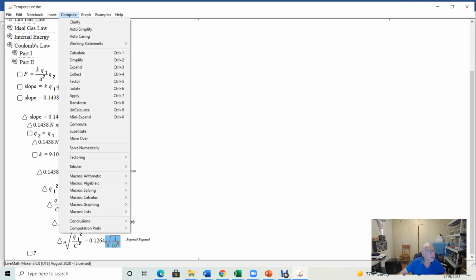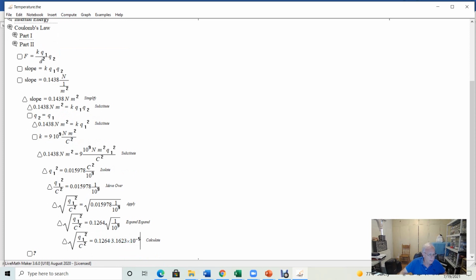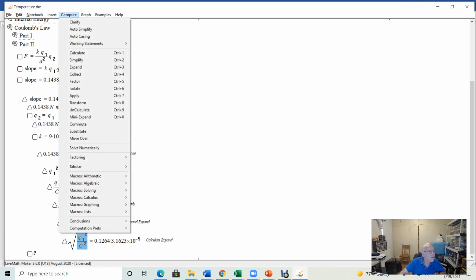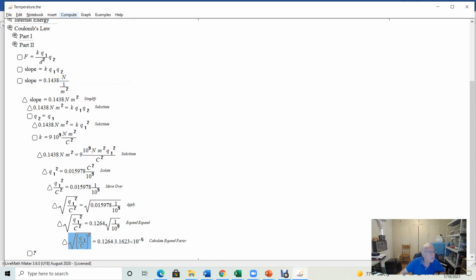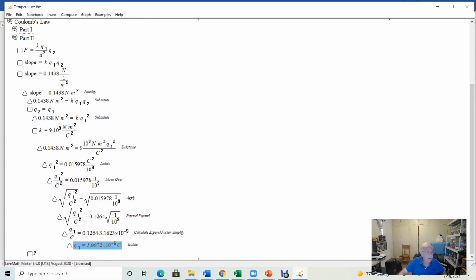Okay, you gotta expand that as well. Calculate. Oh, it doesn't expand this one. Oh, what a shame. Let's try collect factor. Yeah, now it should simplify. Yep, it did simplify. Gotta do this additional step, unfortunately. And so for the charge, okay, we got it: 3.9972.